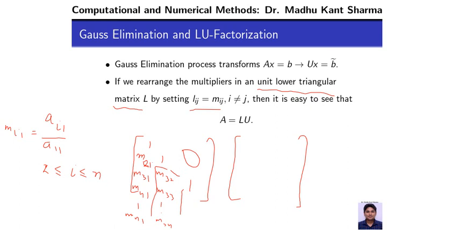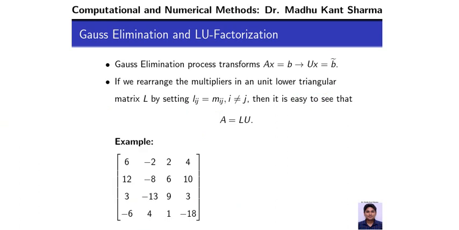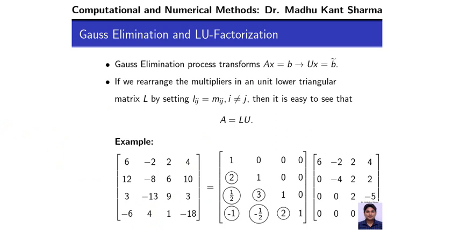If you recall that example, we found the upper triangular part here, and these are the multipliers for the first step: 2, 1 by 2 and minus 1. For the next step we have the multipliers 3 and minus half. For the third step you have this multiplier.